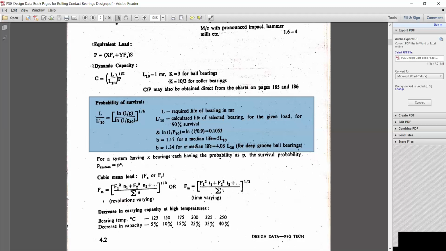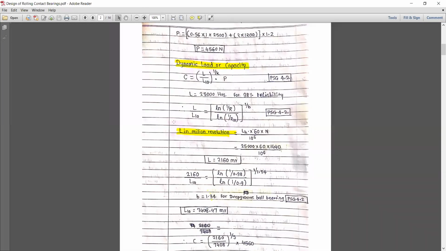First we needed to calculate this life in million revolution. They have given it in hours. So referring to the equation, L in million revolution equals LH, that is life in hour, into 60 into N, that is the speed, divided by 10 raised to 6, that is million revolution.